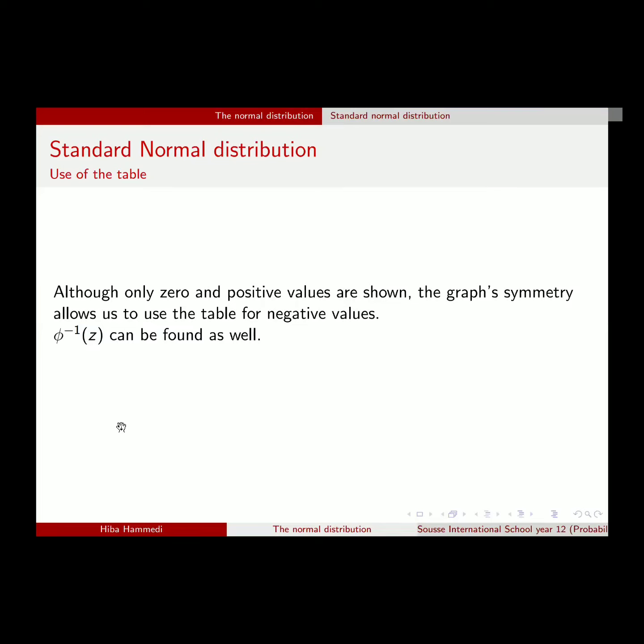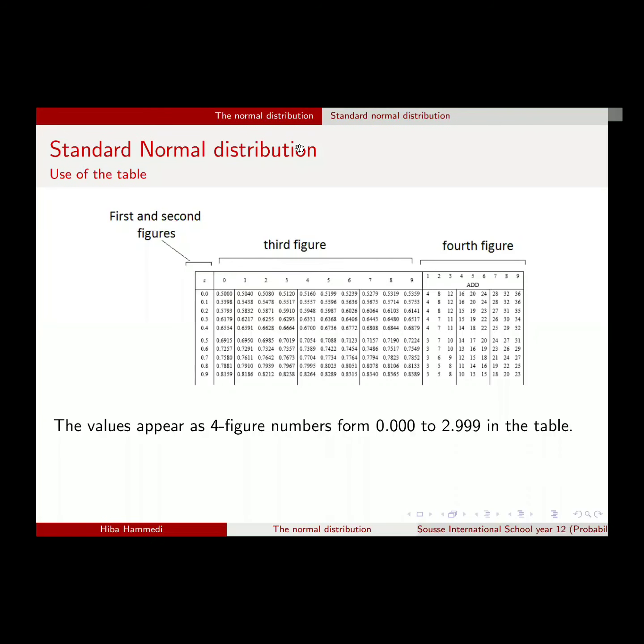So yeah, now a very important question is how to use that table and how to get the probabilities using that very big table. The values for z appear as four-figure numbers, from 0 to 2.999 in the table.